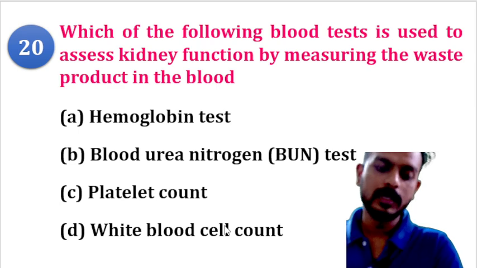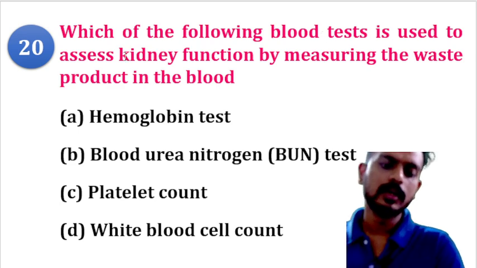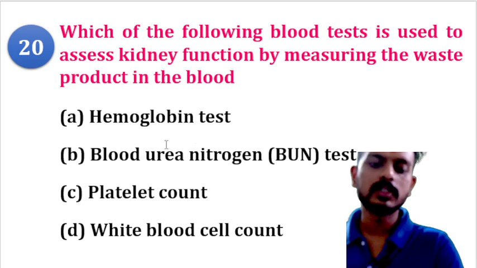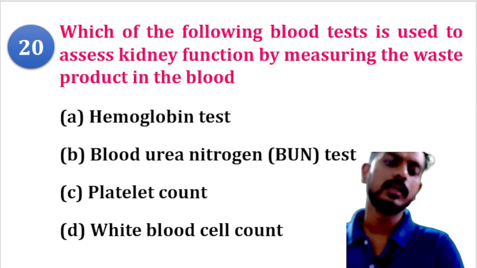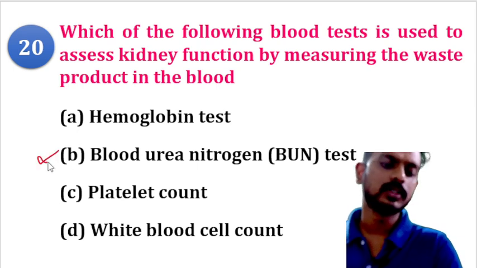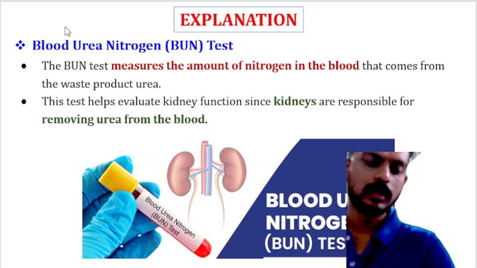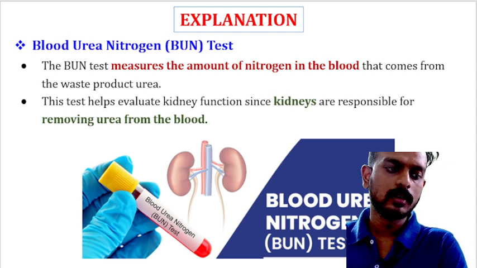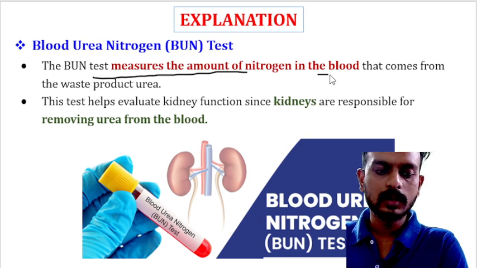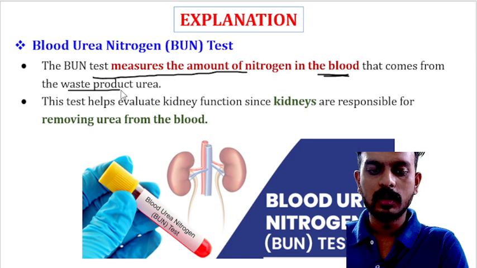Next question: which of the following blood tests is used to assess kidney function by measuring the waste product in the blood? Hemoglobin, blood urea nitrogen test, platelet count, or white blood cells? Blood urea nitrogen is used. It measures the amount of nitrogen in the blood that comes from the waste product urea.